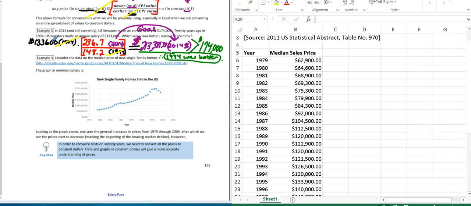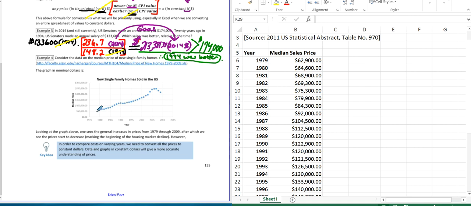So what we want to do now is that same multiplying by a ratio from the consumer price index approach, but do it to an entire spreadsheet of data and then analyze the results that we see. The first thing I already have open here, going to the usual web page you've hopefully been working with all semester, is the data set median price of new homes, and that's the data set I have over here on the right hand side in Excel.